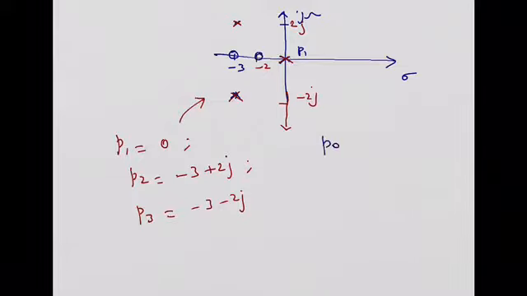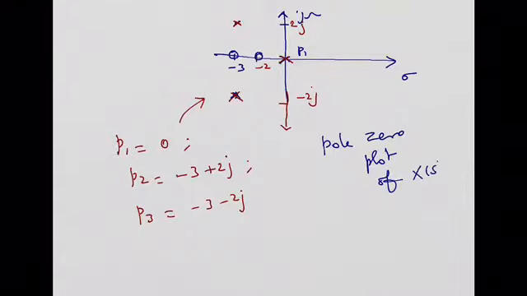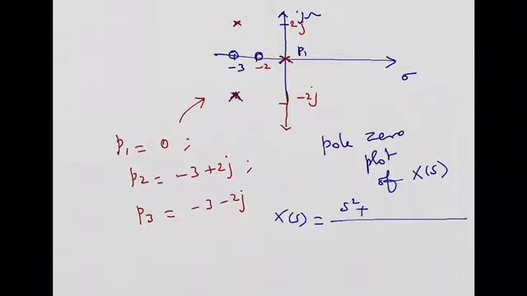This is called the pole-zero plot of the rational function X(s), which has a numerator polynomial and a denominator polynomial. What is the function given?